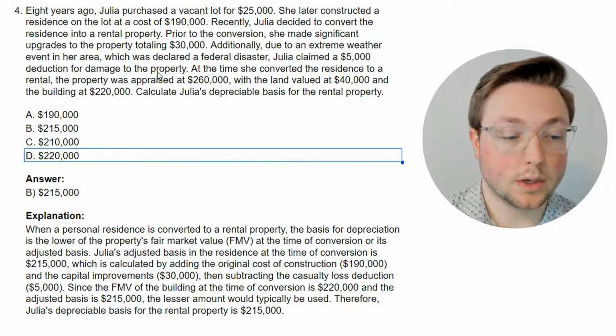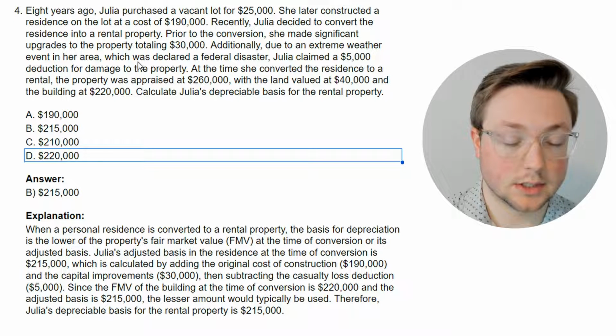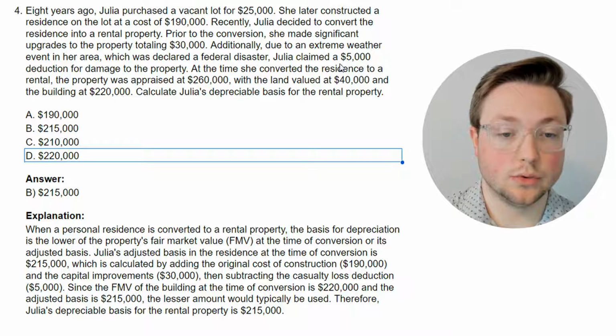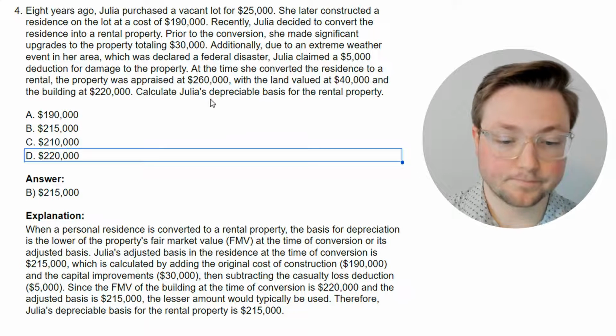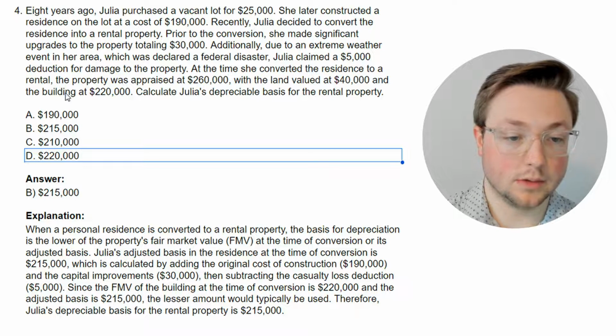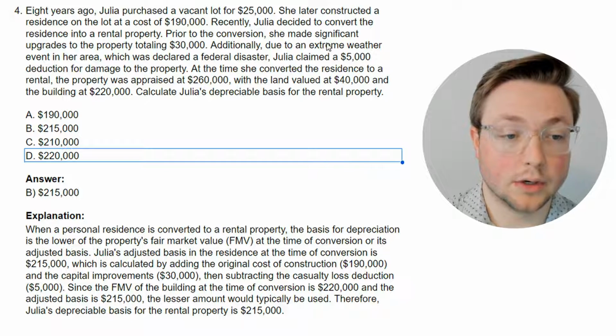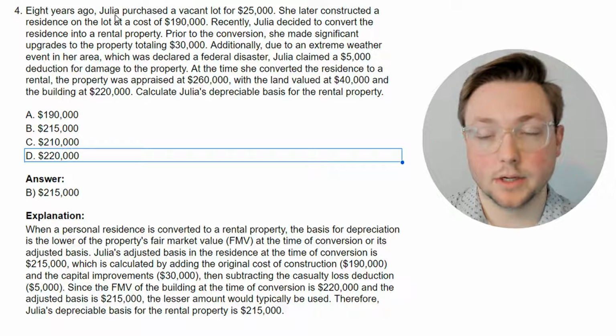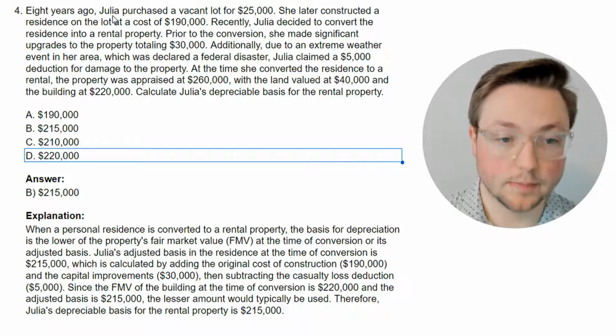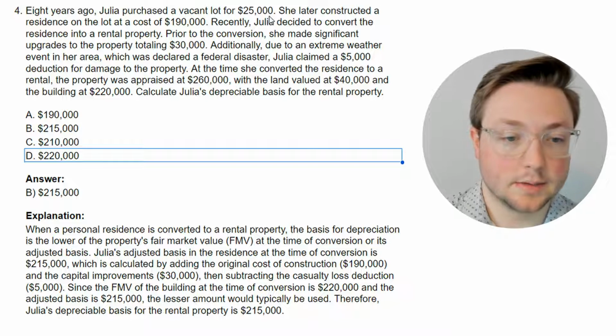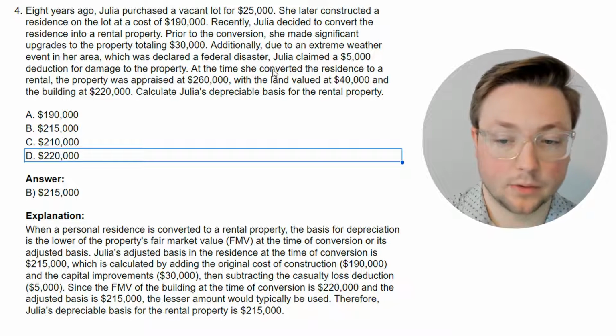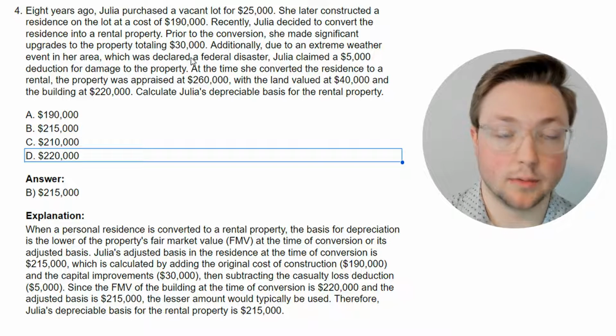And then she was able to take the deduction of the property, like the casualty loss, and that reduces the basis to $215,000. All right. And obviously it's the lesser of the two, so it's the $215,000. Okay, we learned that land is not included when you are looking at converting a residence to a rental, as far as the tax basis for the building. Okay, I think we've got some good information there, so let's go ahead and move on.